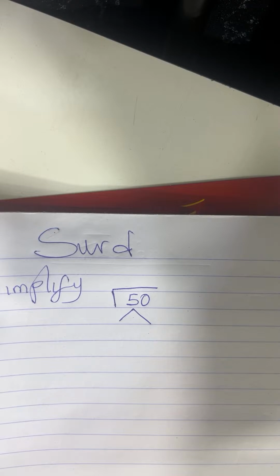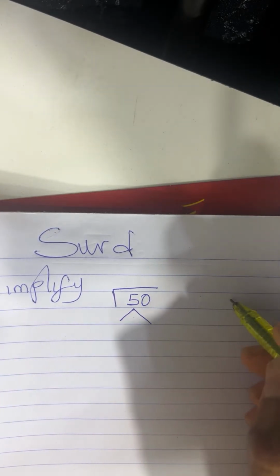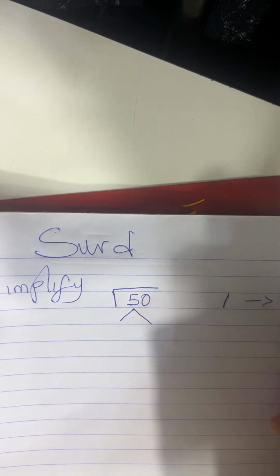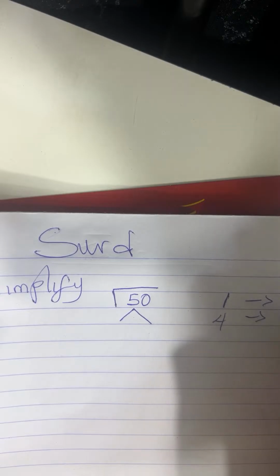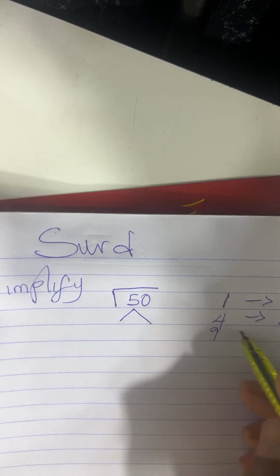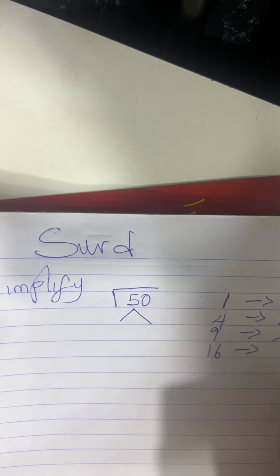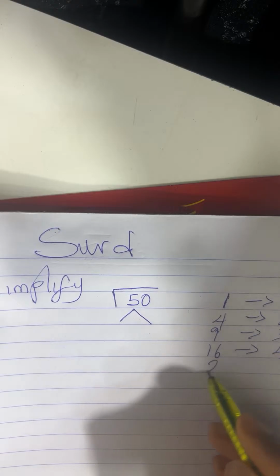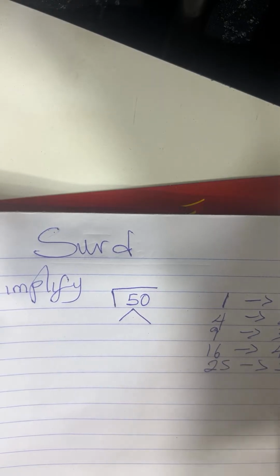So when you have 50, these are the perfect squares we have. 1 is 1, 4 is a perfect square and the square root is 2. 9 gives 3. 16, the square root is 4. 25, the square root is 5, and amongst others.